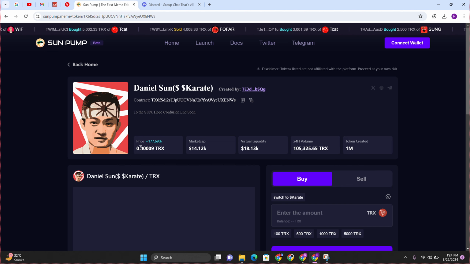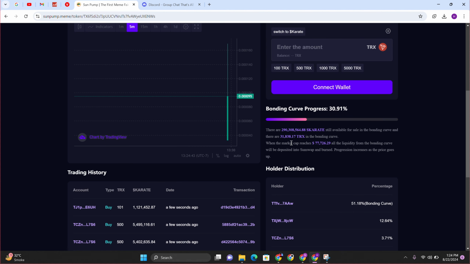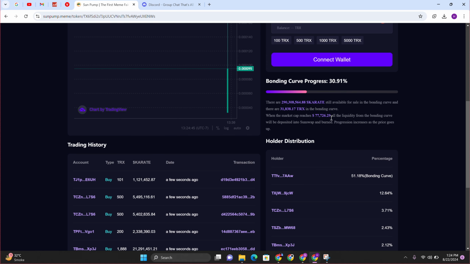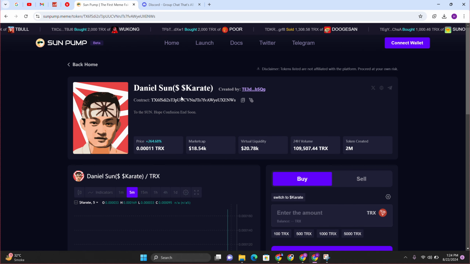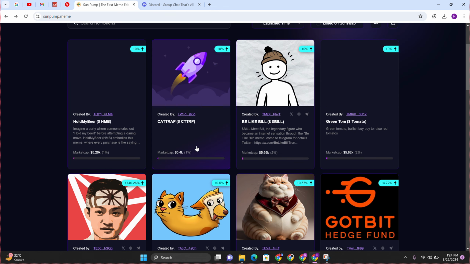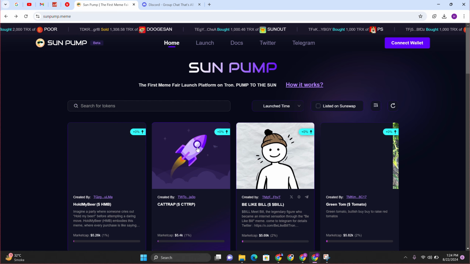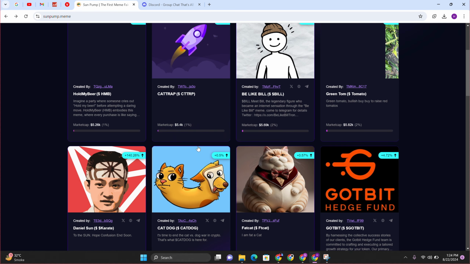It's currently trading for 0.0009 Tron, and it has a market cap of $14,000 at the moment, with a liquidity of $20,000, right? It's gradually increasing. So this is 30%. Once this gap fills, you see that this token would go live immediately on this platform.